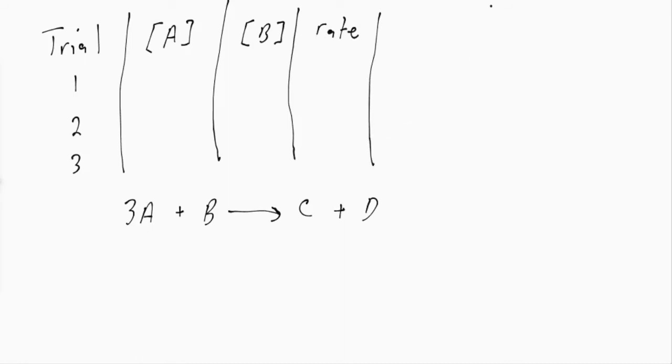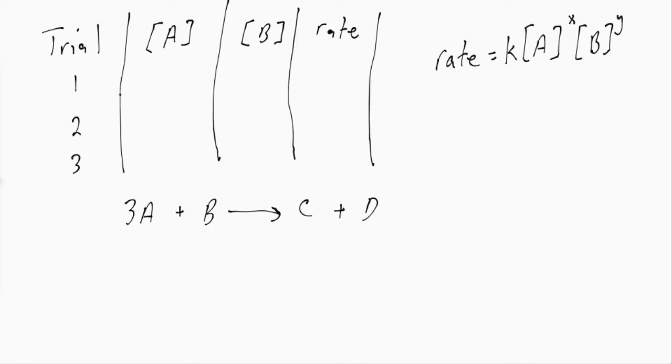So what is the possible rate equation here? Well, rate equals a proportionality constant specific to this reaction here at a certain temperature, times the concentration of A raised to some power, we'll say X, times the concentration of B raised to some power, we'll call Y. And we know X would be the order with respect to A, Y would be the order with respect to B, and it's only going to either be a 0, or a 1, or a 2.